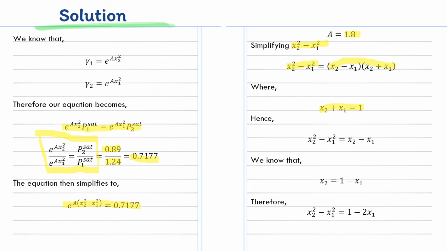Hence, x sub 2 squared minus x sub 1 squared is just equal to x sub 2 minus x sub 1. However, we could also write x sub 2 as 1 minus x sub 1. Therefore, the final form for x sub 2 squared minus x sub 1 squared is equal to 1 minus 2 times x sub 1.